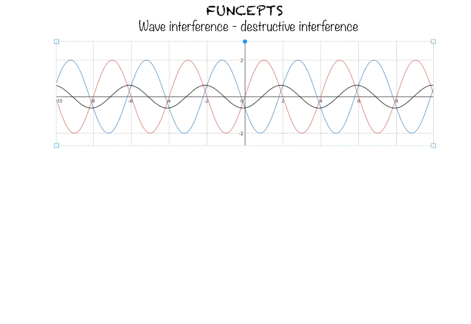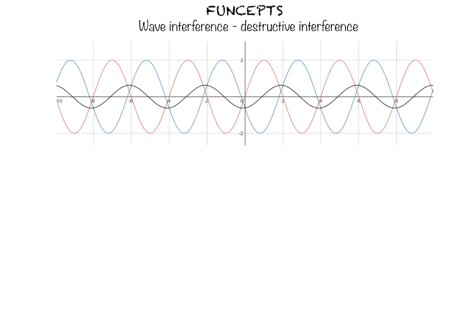So we will see that in this case the two waveforms, the sine wave represented by the red waveform and the blue waveform, have a certain phase difference between them, but the phase difference is not 180 degrees. And what we see here is that when adding these two waveforms, the resultant waveform, which is the black waveform, has an amplitude which is much smaller than the amplitude of the red or the blue waveform. So that means the sum waveform has been attenuated.